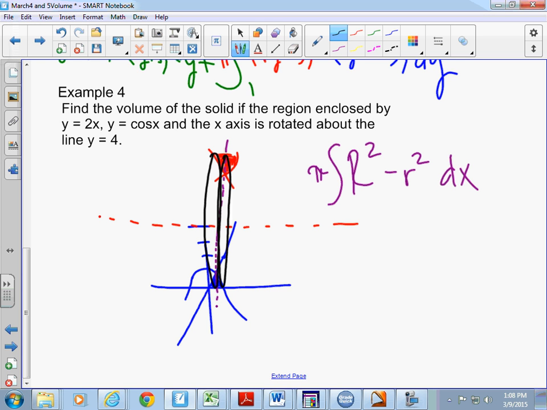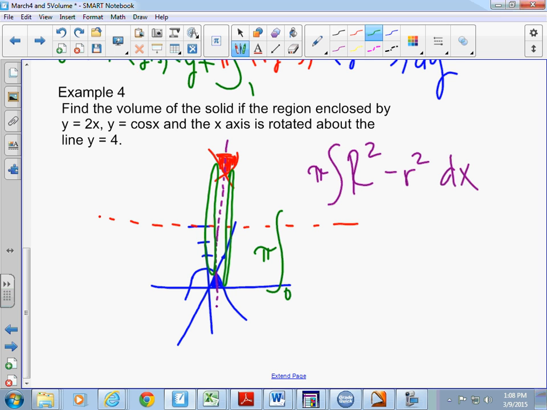Does everyone see that? So that's nice. But then look at the inside radius. Right there it uses the line, the 2x line, and then over here it's cosine curve to cosine curve, right? So I'm going to do 2 separate integrals.